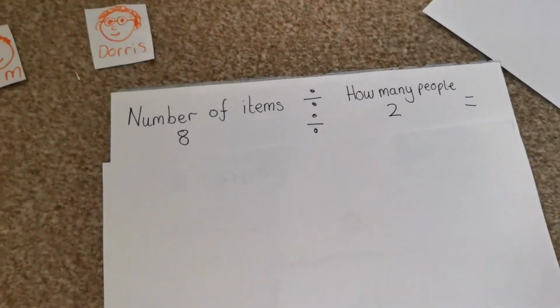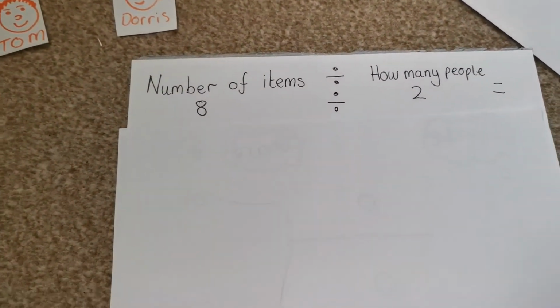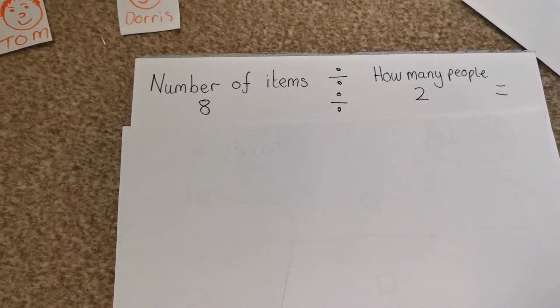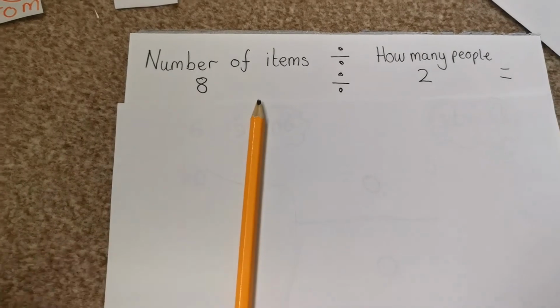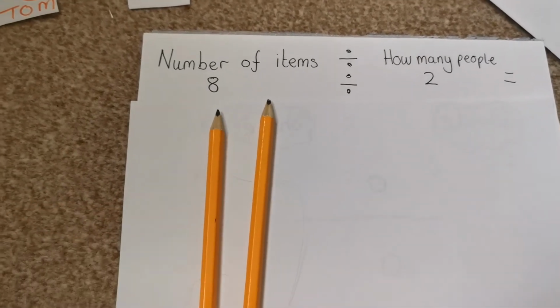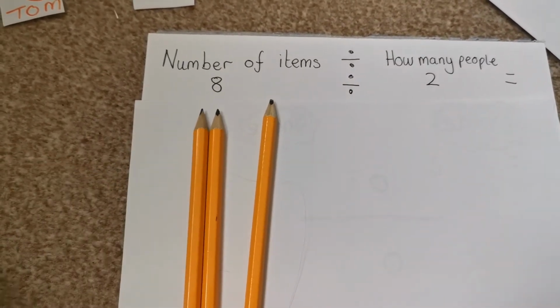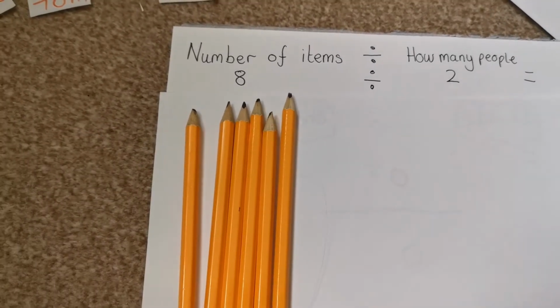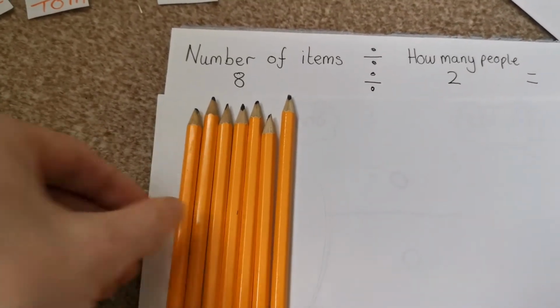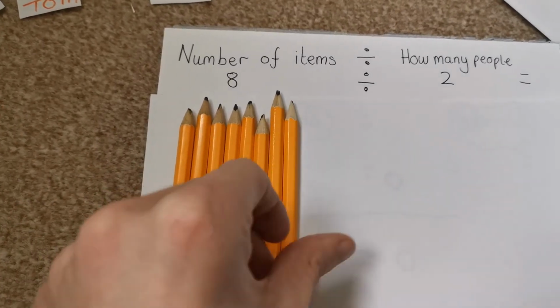So I've looked around my house to find something that I could use to demonstrate this, and it turns out I've got a lot of pencils. So we're going to have 1, 2, 3, 4, 5, 6, 7, 8 pencils.